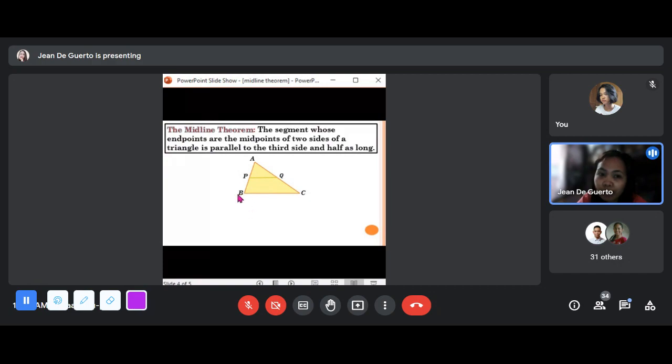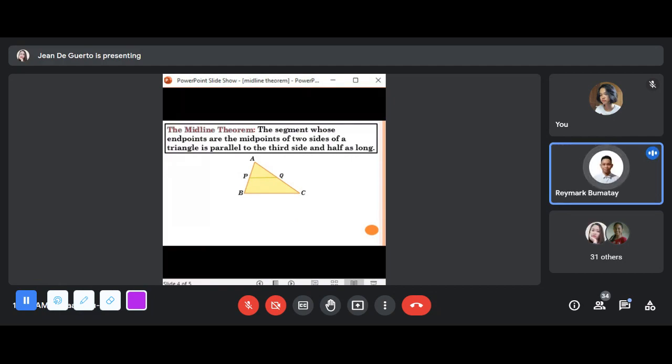How about if line segment BC has a measure of, let us say, 15 centimeters? What will be the measure of segment PQ? Raymark? 7.5 centimeters po, ma'am. How did you arrive at 7.5 centimeters?